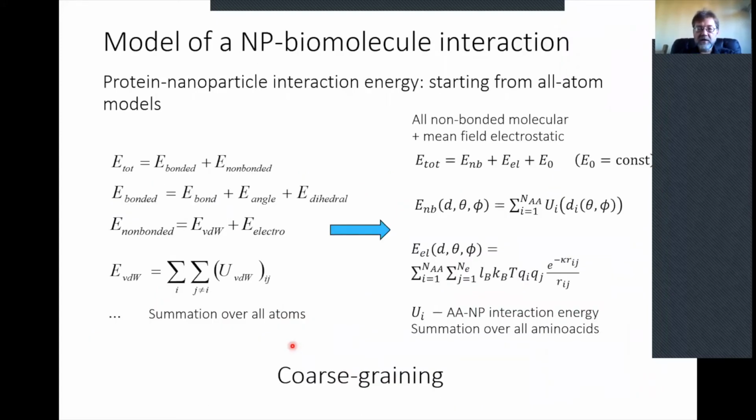How the systematic approach is built. Our starting point is the all-atom representation, all-atom model. It's not strictly speaking ab initio, but we can still derive the force field from that. We can demonstrate that it's possible.